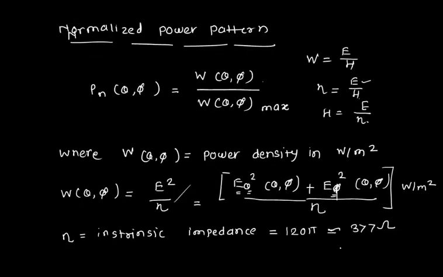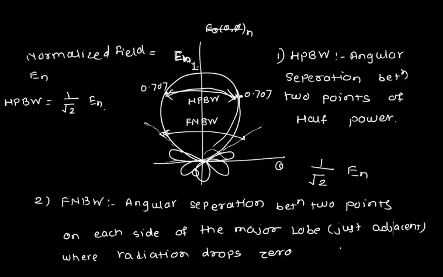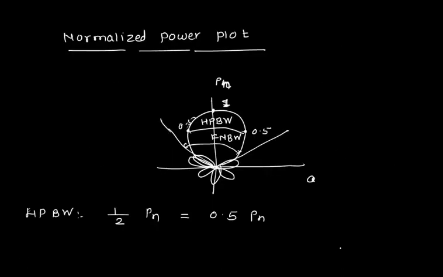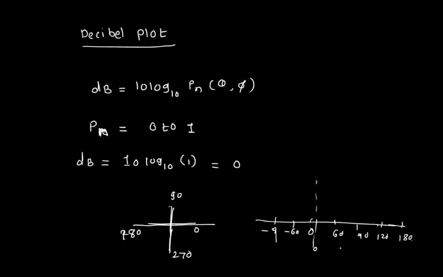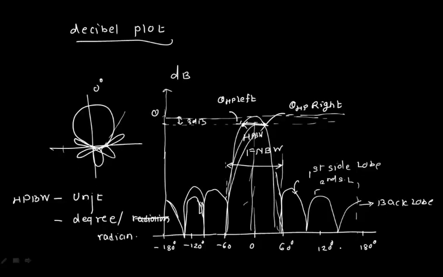We have talked about the half power beam width, and the first null beam width too. We have seen the normalized power pattern, where we have taken the half power decibel plot at -3 dB.